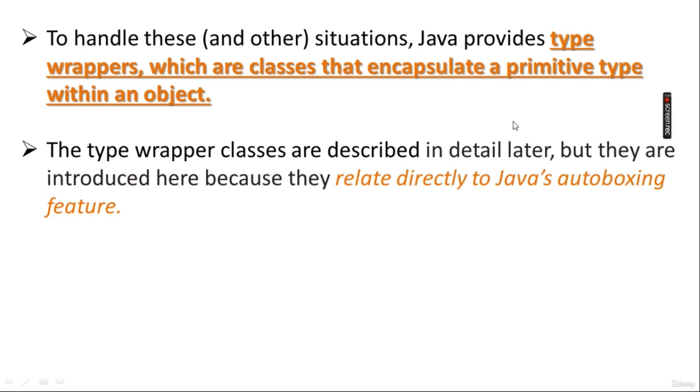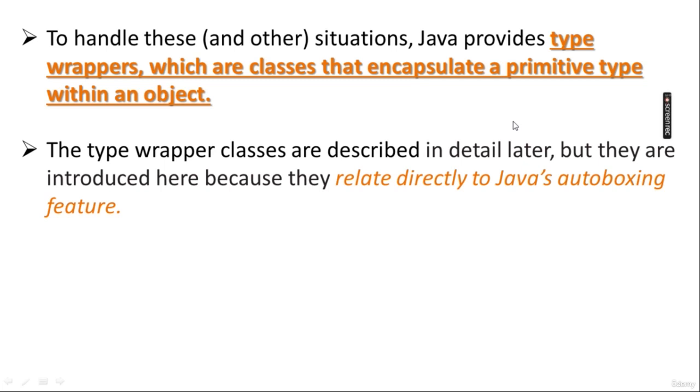Float, with capital F, is the main class in which the float primitive type is encapsulated. The type wrapper classes are described in detail later, but they are introduced here because they relate directly to Java's autoboxing feature.